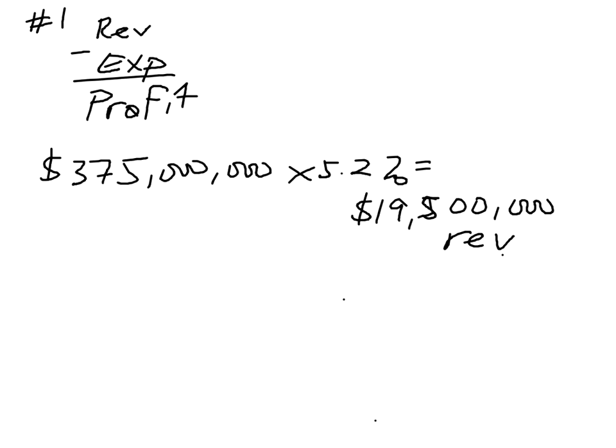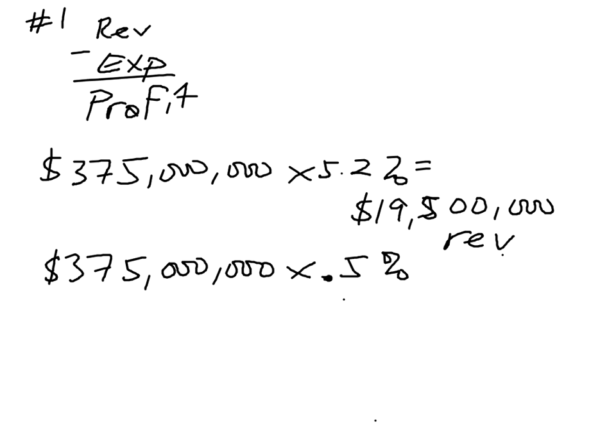Now remember, we're not just making 5.2% on our investment. We also pay out money back to the original depositors. So remember, we're paying out 0.5% interest to our depositors. So that's going to be an expense for the bank. So we multiply by 0.5%.